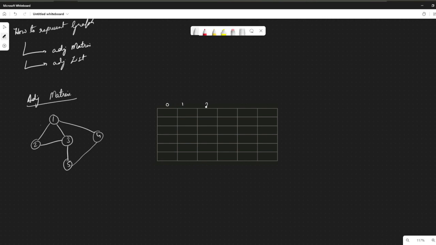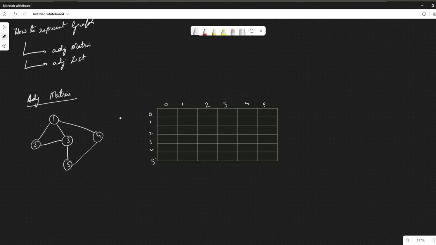Let's try indexing 0, 1, 2, 3, 4, 5. Okay. So if our indexing is from 0th, basically 0th base indexing.